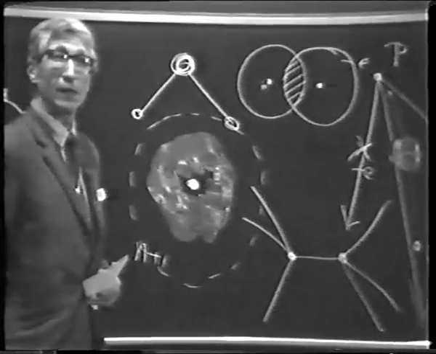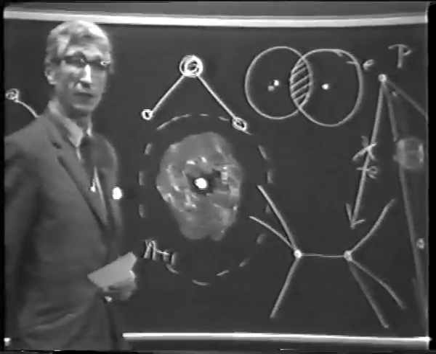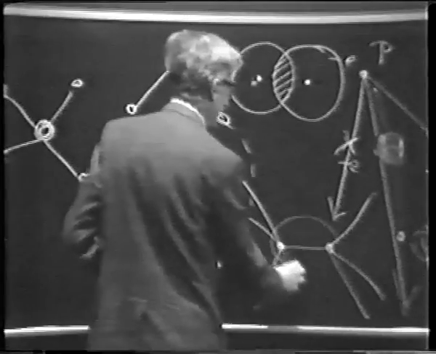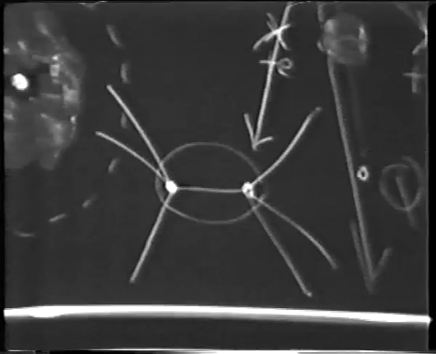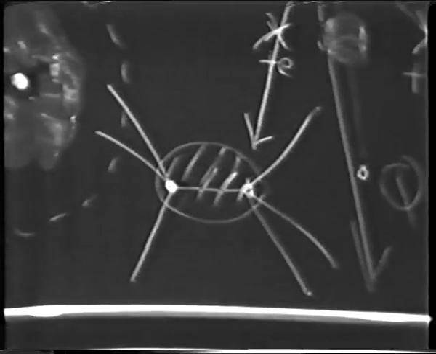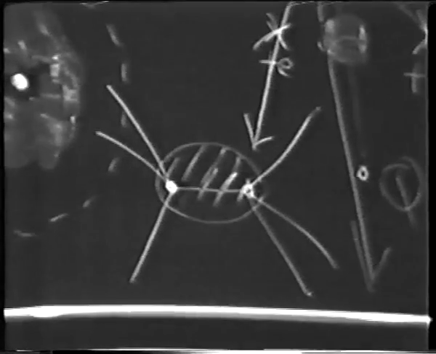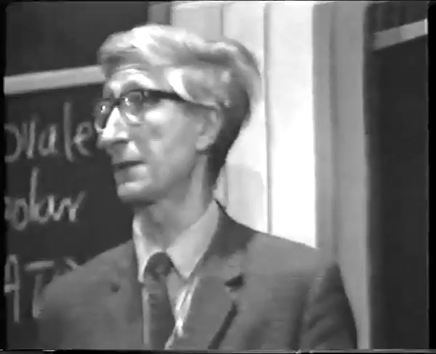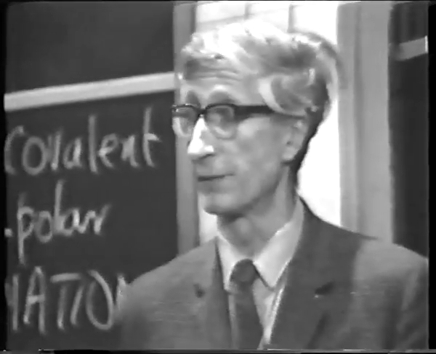And a fairly good description of diamond is to say that we have a series of bonds joining adjacent carbon atoms, and each bond is due to 2 electrons, and the charge distribution for those 2 is similar to the situation that I've described, say, for hydrogen. That's not quite a correct description, but it's not far wrong.